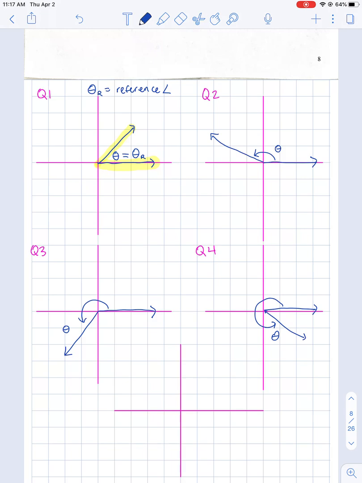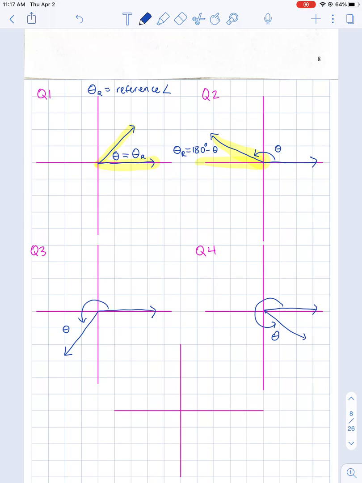In quadrant 2, the acute angle formed by the terminal side and the x-axis closest to it happens to be the supplement of the original angle. So when I am in degrees, to find my reference angle, I would take 180 degrees and subtract out the original angle. If you're in radians, you would take pi minus the original angle.